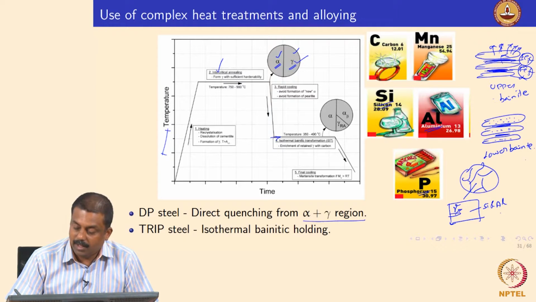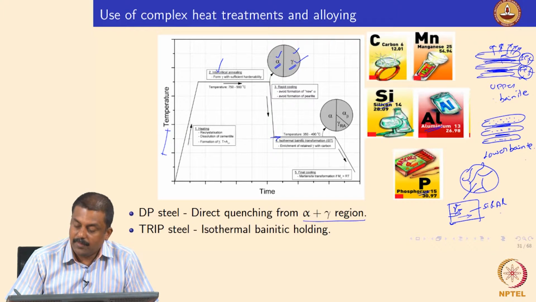That means your carbon is going out, but cementite cannot nucleate. Why? Because the cementite lattice cannot have silicon and aluminum in its presence. If cementite has to nucleate, the silicon and aluminum atoms have to be pushed away, but the diffusion of silicon and aluminum is extremely slow, and we end up delaying the formation of cementite at the interlath locations.